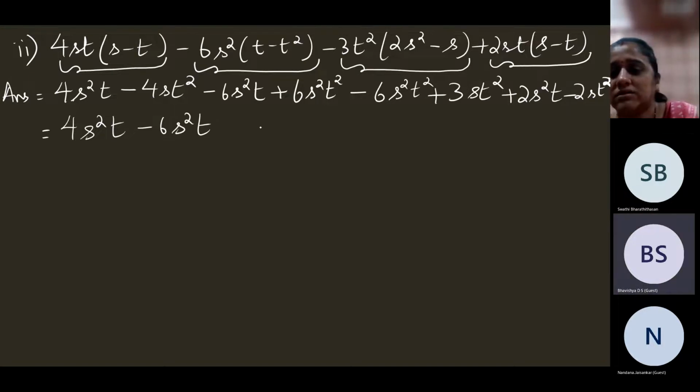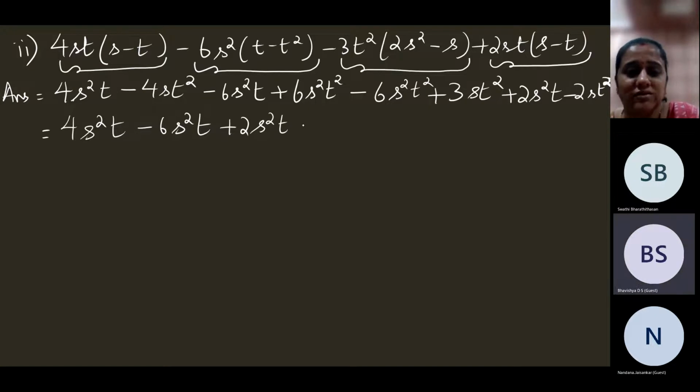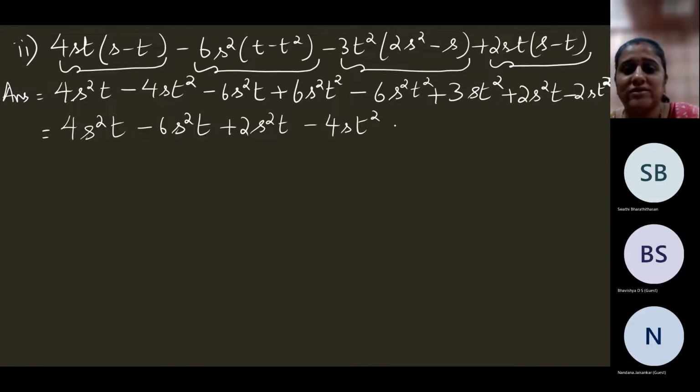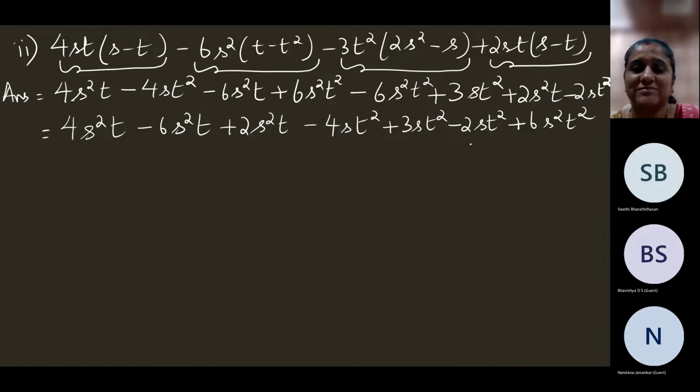Plus 2s square t. Very good. Okay, then? Minus 4st square. Very good. Plus 3st square. Minus 2st square. Very good. Then? Plus 6s square t square. Minus 6s square t square, ma'am.